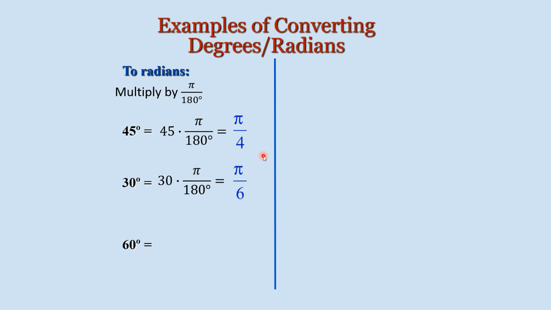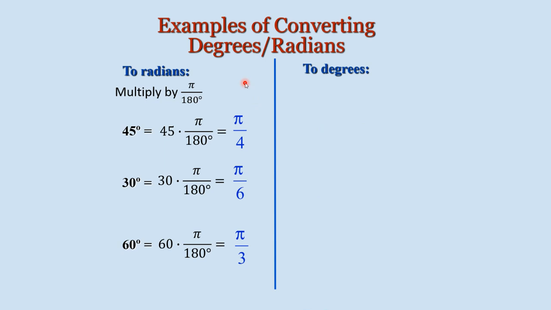And then 60, we'll do 60 times pi over 180 as our conversion factor, factor meaning multiply. 60 goes into 180 3 times, we reduce to pi over 3. So degrees to radians will have pi as a factor, and it'll be in the numerator.